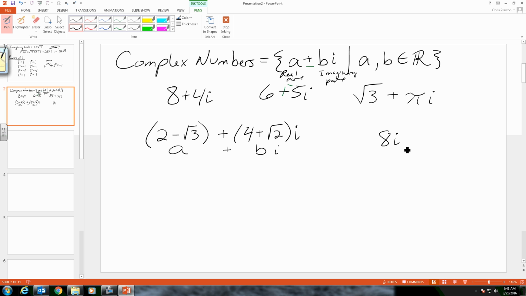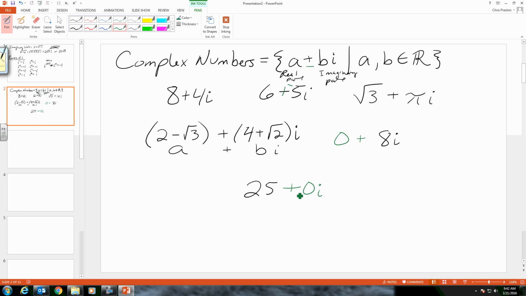Okay, so 8i fits that pattern because this is really 0 plus 8i. So anytime you have a pure imaginary number, that's just a complex number where the real part is 0. And then you get into the kind of mind-blowing things, like 25 is a complex number because that's really 25 plus 0i.